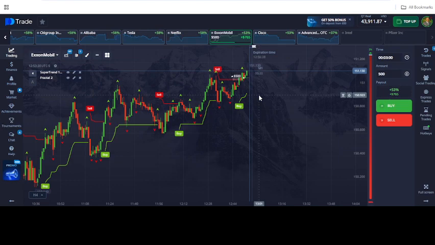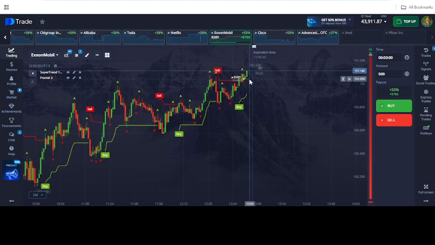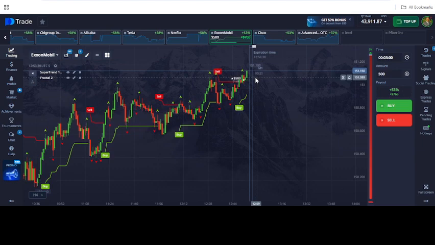Okay, the price appears to be pushing upward here, despite this green fractal here, which, if it keeps pushing further upward, this fractal may disappear.